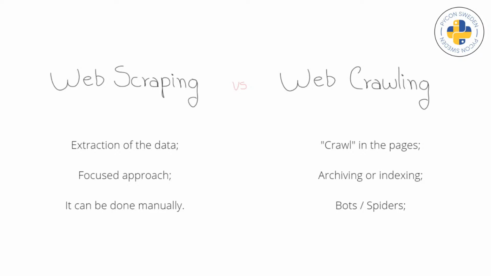it's going to be a beginner introduction. And first off, I would like to tell a little bit about the difference between web scraping and web crawling, because I see people get a little confused between these two terms.